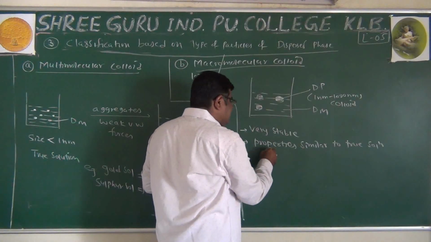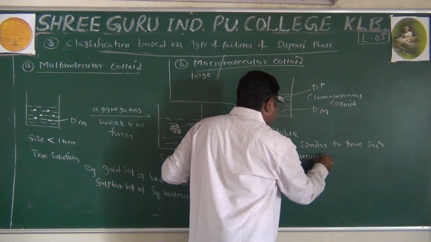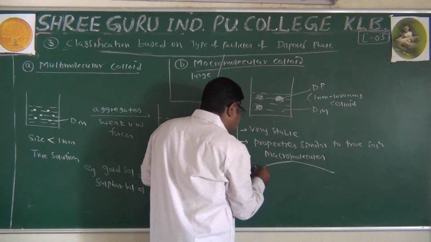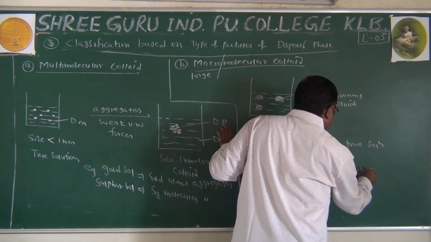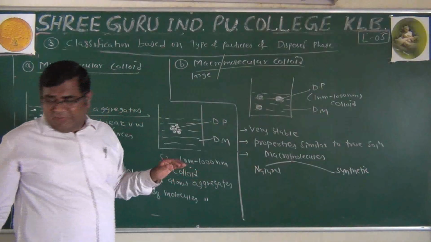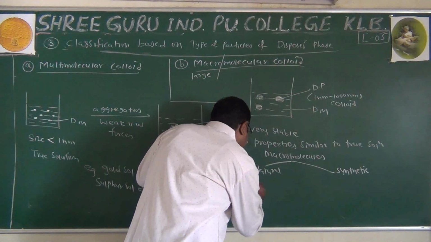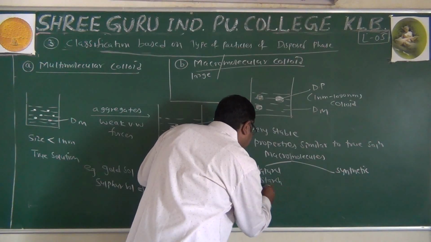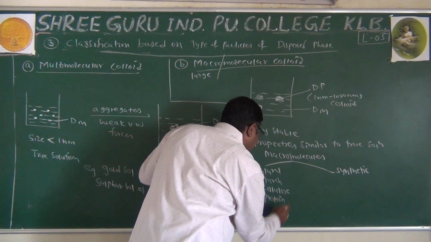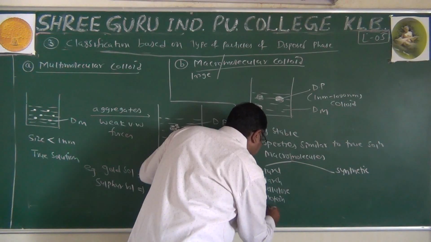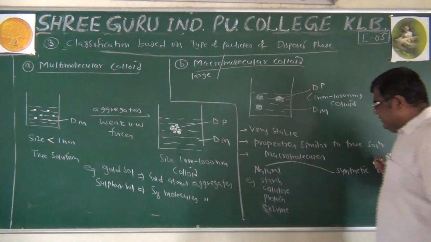Now these macromolecules which we are dealing with here can be natural or can be synthetic. We should note their examples because they may be useful. What are the natural ones? It can be starch, it can be cellulose, it can be protein, or it can be enzyme, which are biochemical categories, which are proteins only.